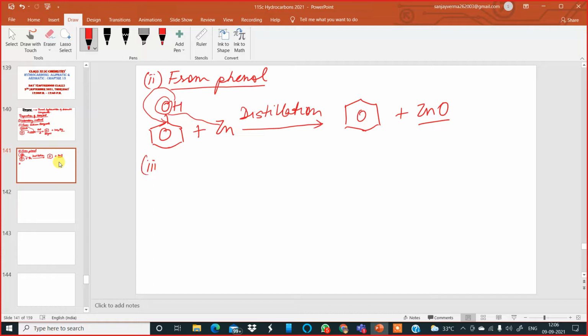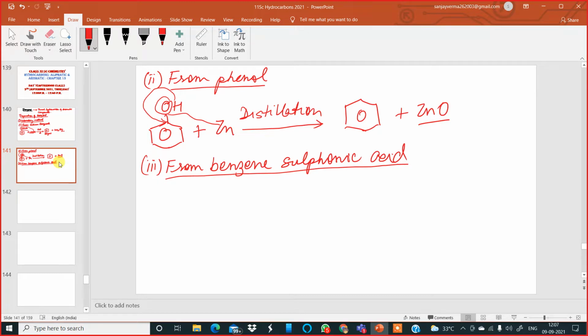The next one, number 3, is from benzene sulfonic acid. To prepare benzene from benzene sulfonic acid, the benzene sulfonic acid is boiled with concentrated hydrochloric acid at a temperature range of approximately 423 Kelvin.